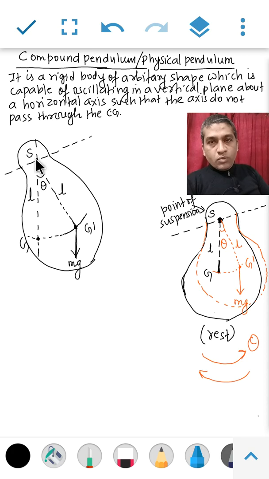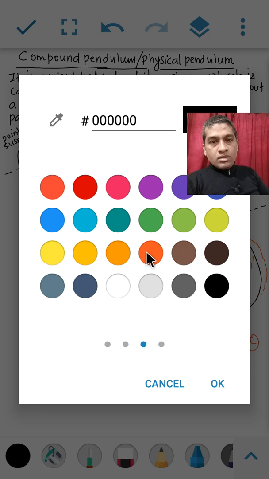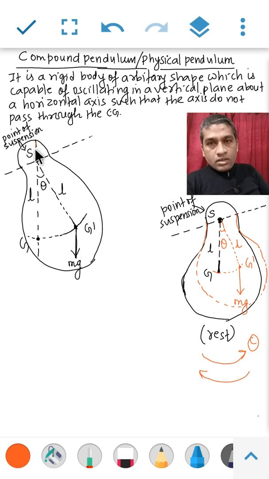Now at point S, this is called the point of suspension. So at point of suspension, there exists a reaction force. So this is a reaction force. Okay, and we have force mg acting in vertically downward direction. Okay, so let me erase this.